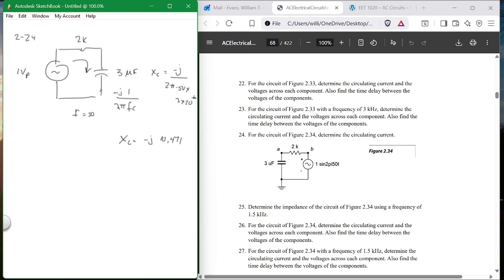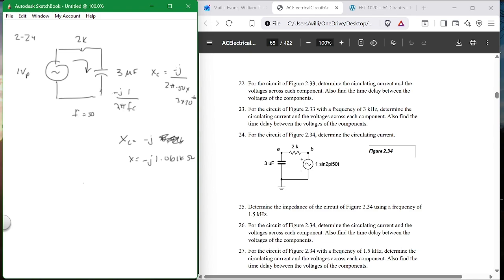Somehow my brain is not working today, so you have to help me. 2 times pi times 50 times 3 in parentheses equals. Nope, it's not that. It's 1,061, right? 0.061 k ohms. Okay, so there's my X sub C.